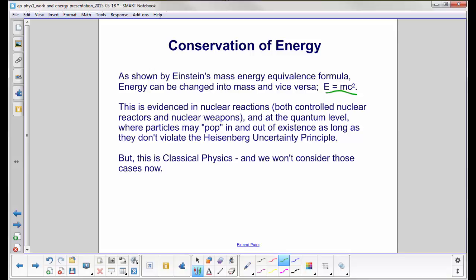Down at the quantum level, where things are unbelievably tiny, like electrons and photons for light waves, particles can pop in and out of existence. In other words, you have nothing, then all of a sudden particles pop out. They combine, they release energy, and as long as they do it in such a short time, governed by the Heisenberg uncertainty principle, then you're okay. But we're going to talk about classical physics here, not quantum, so we won't consider those cases.